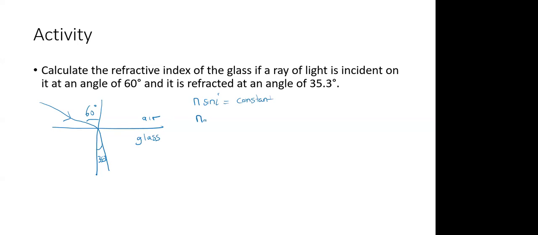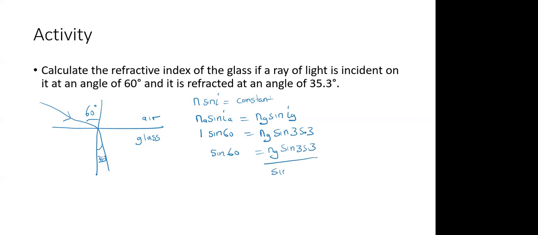So n air sine i air is equal to n glass sine i glass. n air is 1, sine of the angle, which is 60, is equal to n glass, which you are looking for, sine 35.3. So sine 60 is equal to n_g sine 35.3.